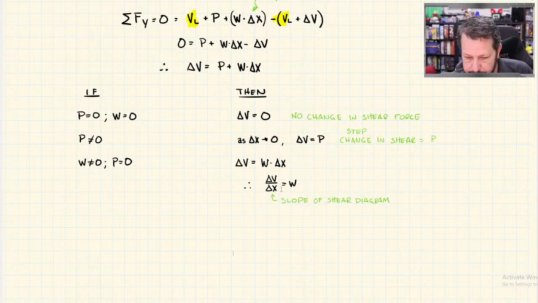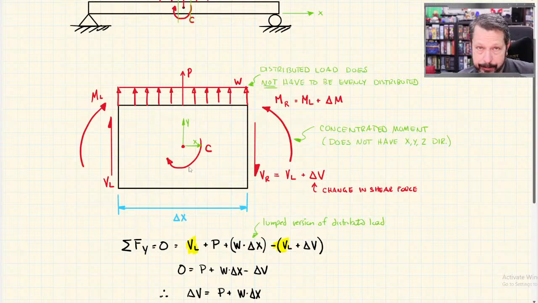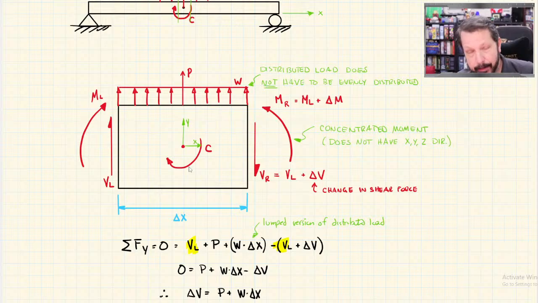All right, so that's it for the rules for the shear force. We don't have to do anything with these curved arrows. They are only affecting the internal bending moment. But now we need to do that.